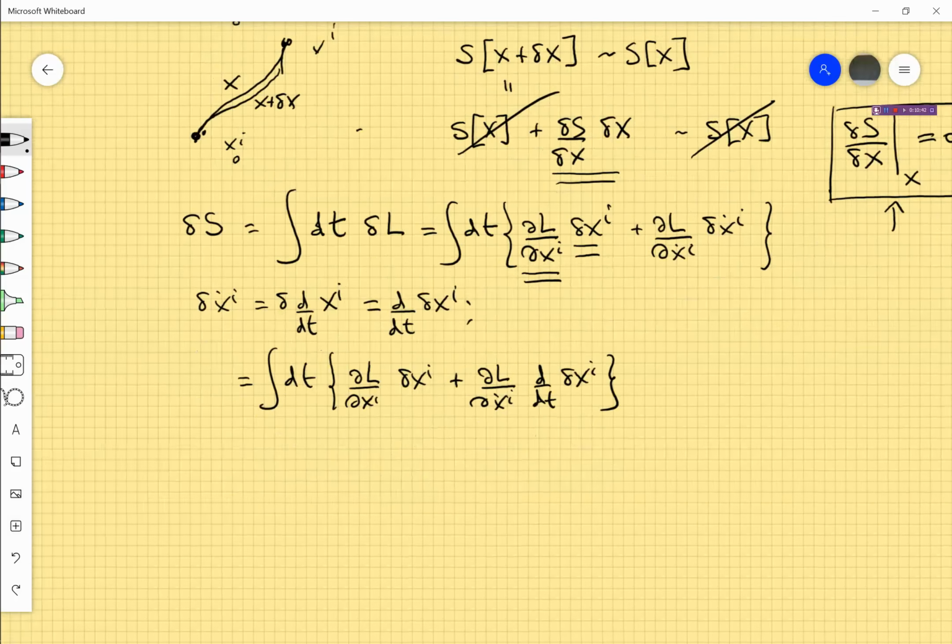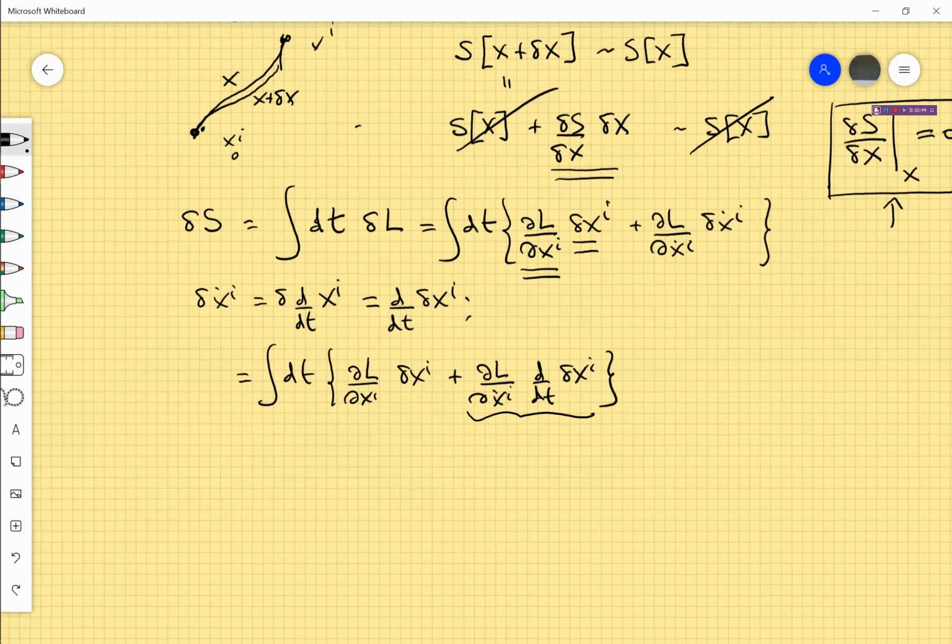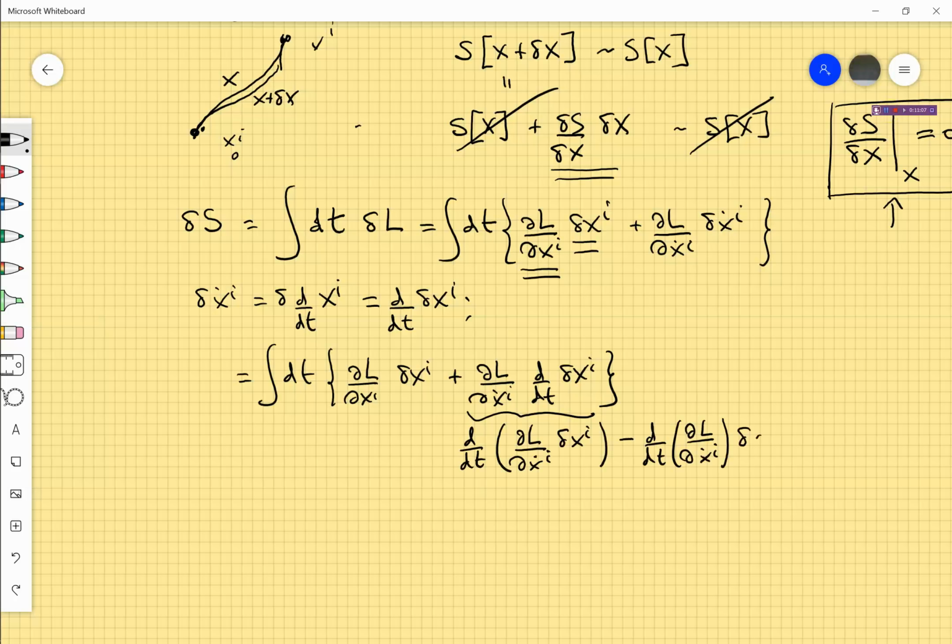Now what I am going to do is to integrate this by parts. So this will be the derivative with respect to t of partial L partial x dot I delta xi, minus the derivative with respect to t of partial L partial x dot I delta xi, and you already see another contribution to the coefficient of delta xi.